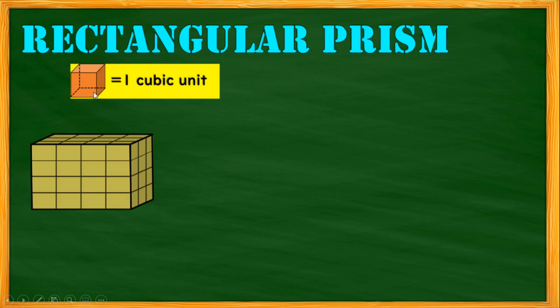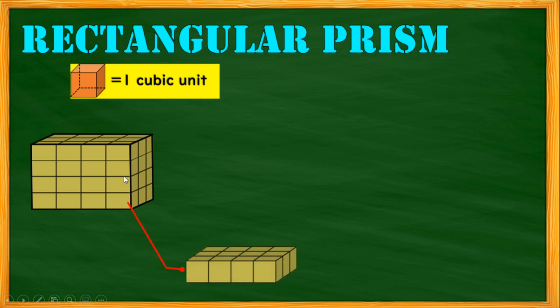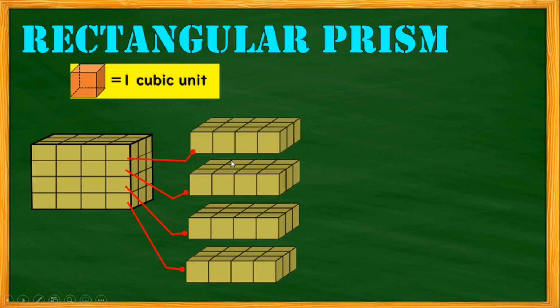So again, one cube is equivalent to 1 cubic unit. So this one represents 1, 2, 3, 4, 5, 6, 7, 8, 9, 10, 11, 12 cubic units. And this one is another 12, another 12, and another 12.